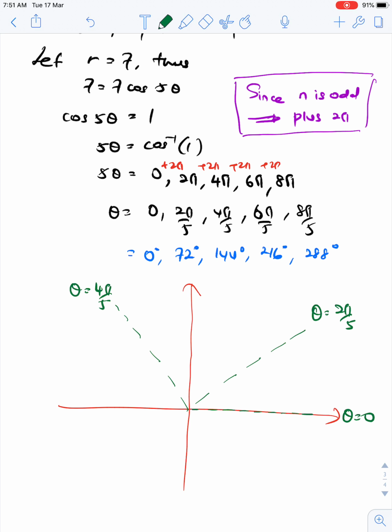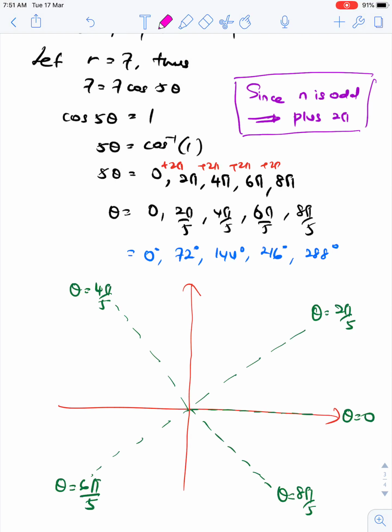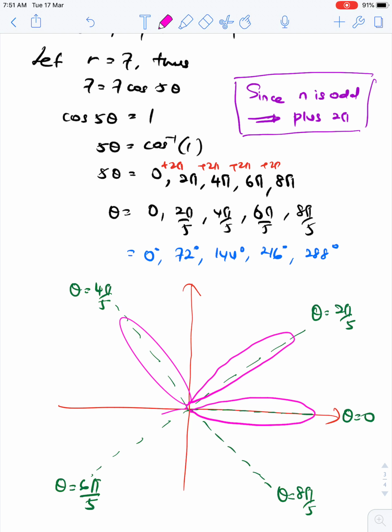And then 6 pi over 5 is somewhere here in the third quadrant. The last one is theta equals 8 pi over 5. So the first petal at theta equals 0, and then this is the second petal, the third petal, fourth petal, and then this is the fifth petal.